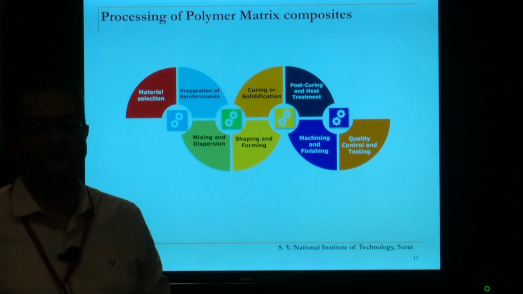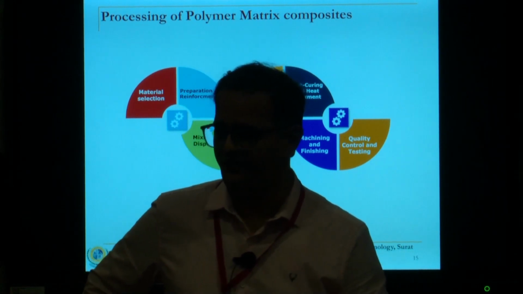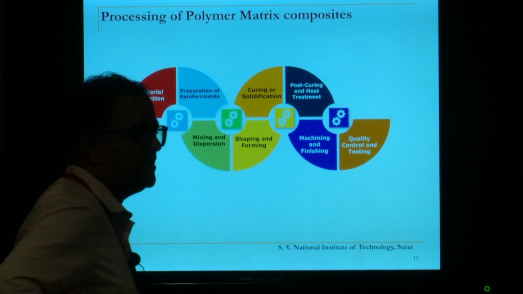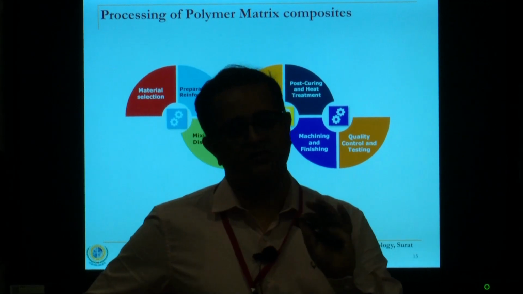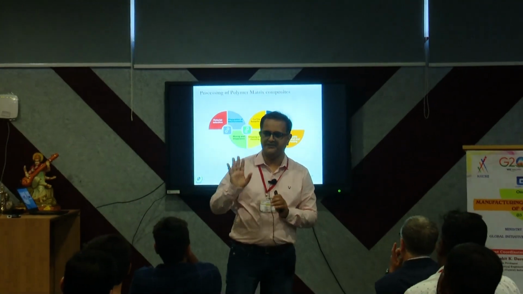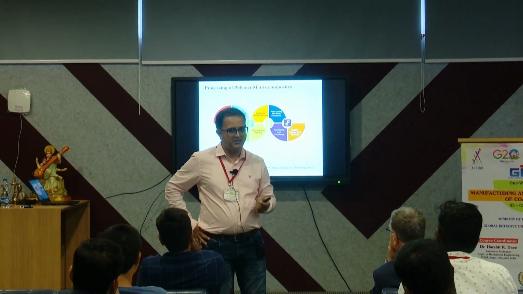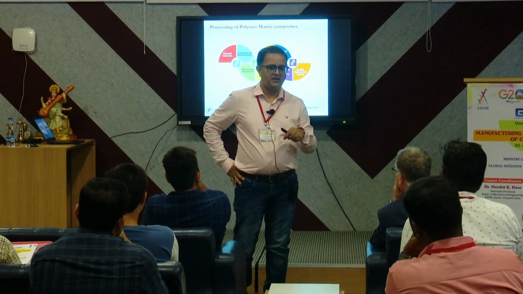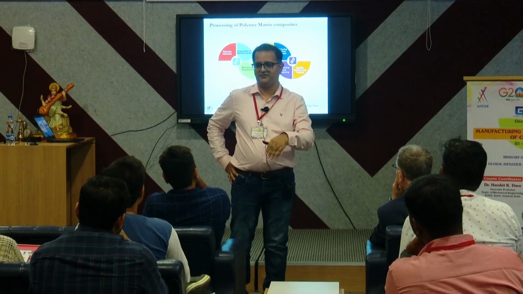Now, when specifically we go for processes where I am not using continuous fibers, where I prefer to use particles or maybe short fibers, then this mixing and dispersion becomes important. There is a possibility that you may use resin A and fiber A to make a part, composite A. But in the same resin I can also mix certain particles, or certain short fibers, and then create a matrix which is again hybrid, and then I reinforce fibers into it.